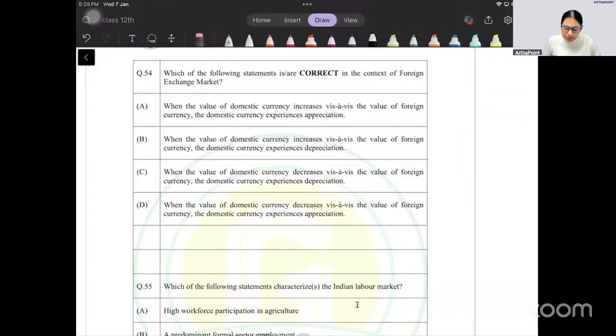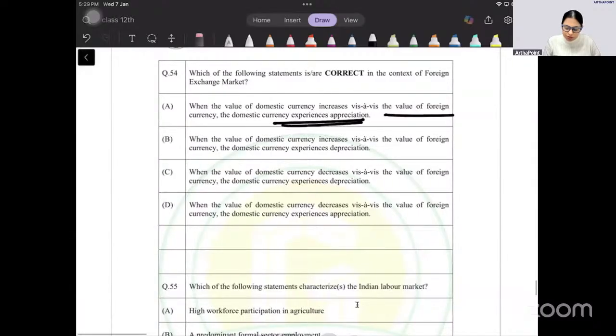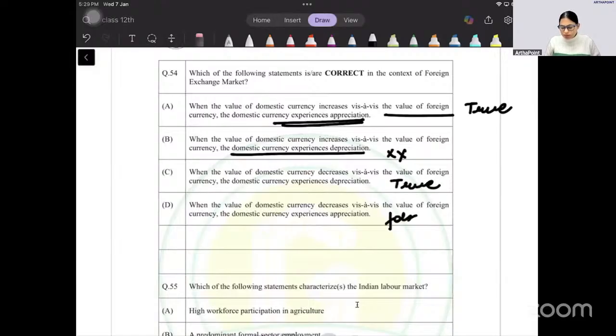When the value of domestic currency increases vis-a-vis the value of foreign currency, the domestic currency experiences appreciation. Right? So this is true. When the value of domestic currency increases vis-a-vis the value of foreign currency, it experiences depreciation. When the value of domestic currency decreases with the value of... Hey, why is this question even given? A and C is the answer to this question.